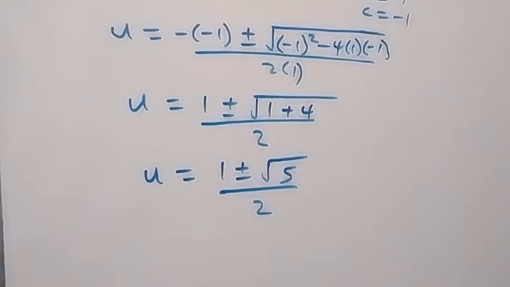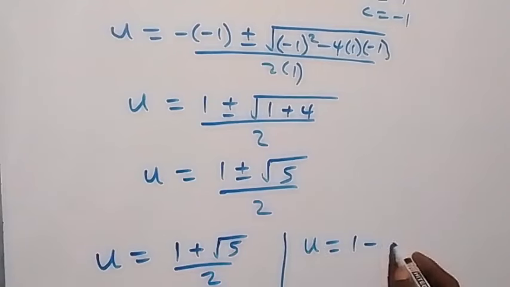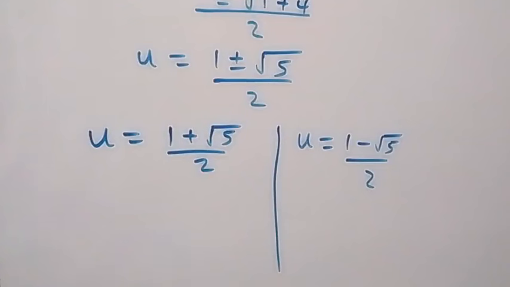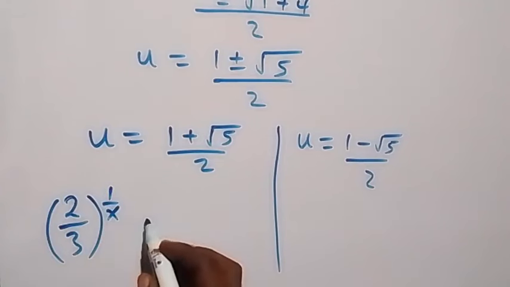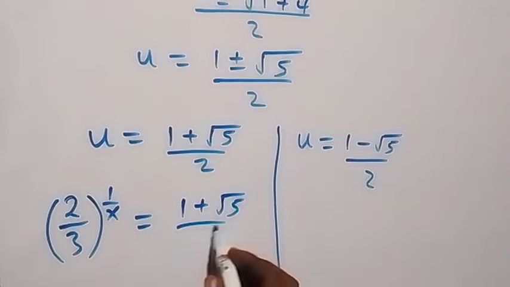Then we have two possible cases here. We have u equals 1 plus root 5 over 2, and also u equals 1 minus root 5 over 2. Then from here, let's recall that we represented u as 2 over 3 all raised to power 1 over x, which equals 1 plus root 5 over 2.